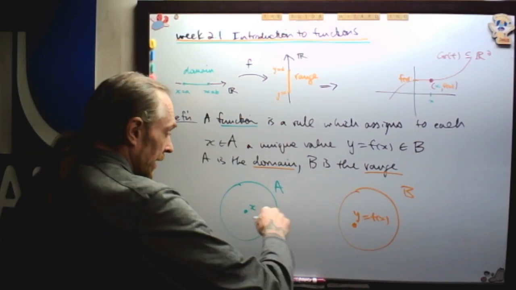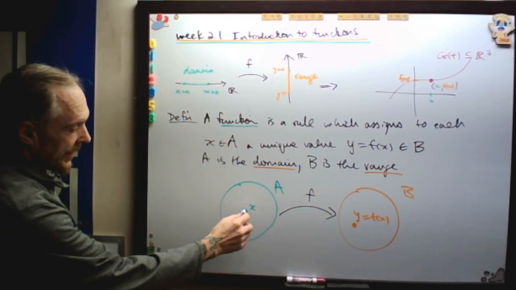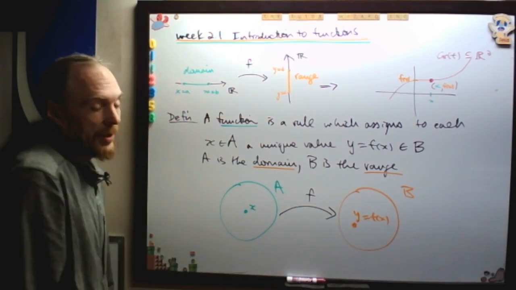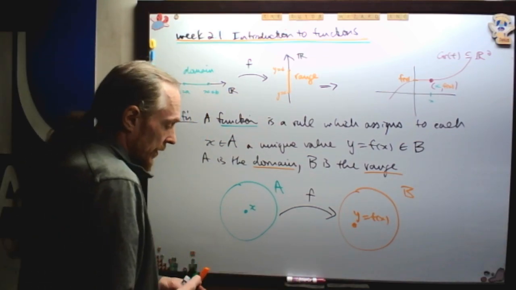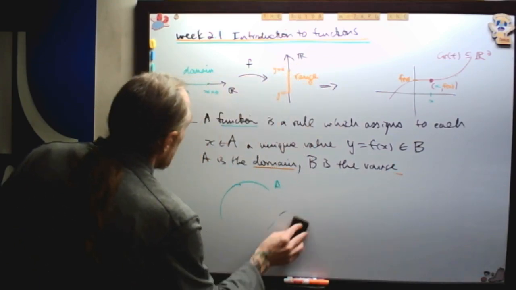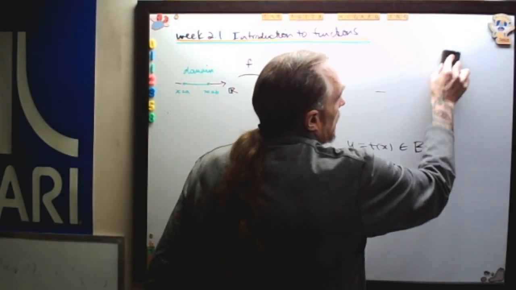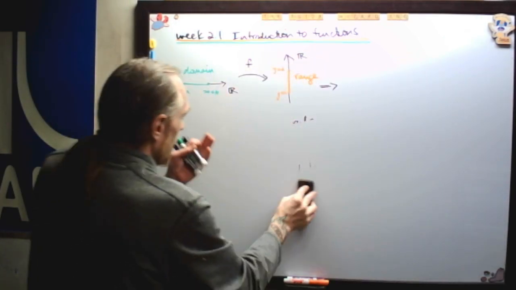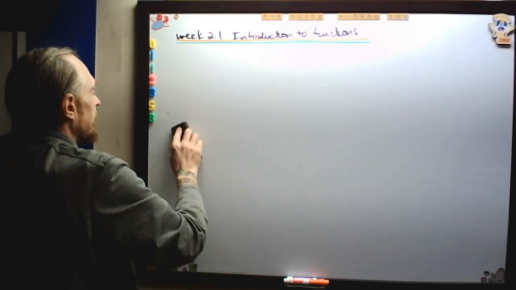And then our function goes between these, and it assigns to each point x a unique point y equals f of x. All right. We'll get to the graph in a second, but we take the horizontal and the vertical and put them together to get the graph.